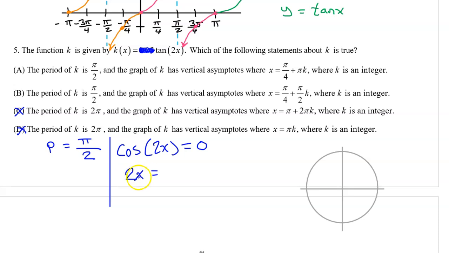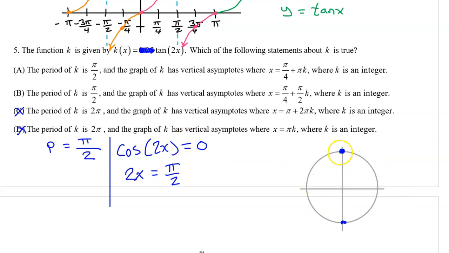First, we solve for 2x by asking ourselves the cosine of what is equal to 0. Cosine is the x value on the unit circle, and x values are equal to 0 here and here. This first solution at the top is pi over 2. I'm not making a list, so I'm not going to put comma 3 pi over 2. I need an expression for the infinitely many solutions to this equation.